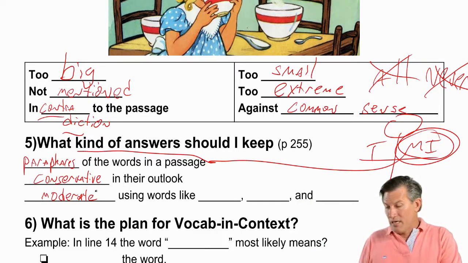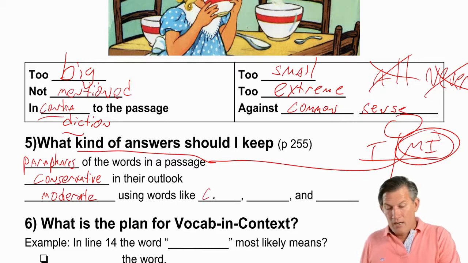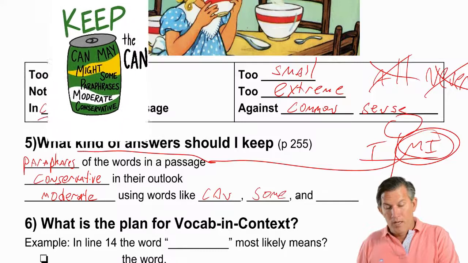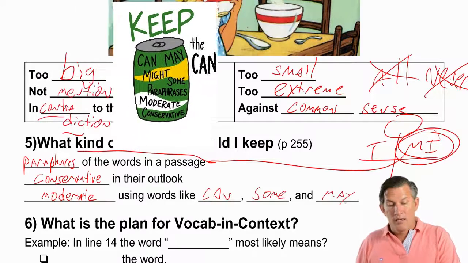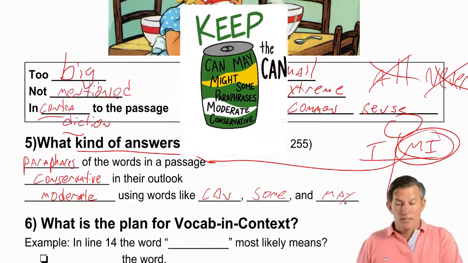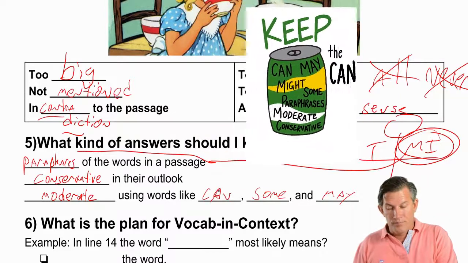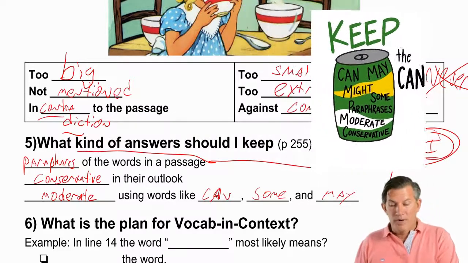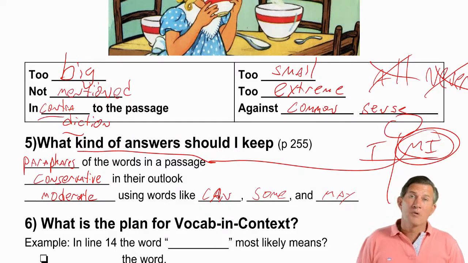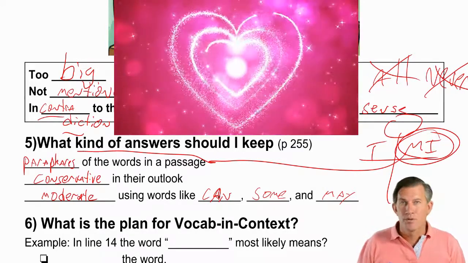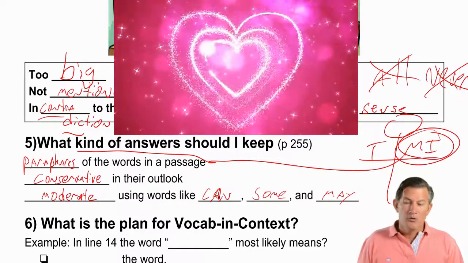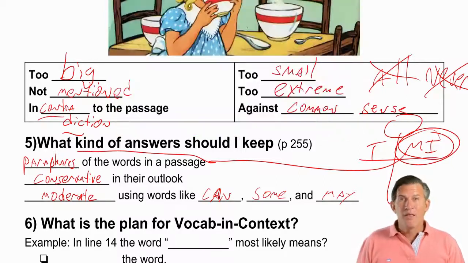They might use words like can, some, and may. Now consider our example. Ready? Some people like pink. Well, of course that's true. Some people do. You may like pink. You may think that Goldilocks is not an idiot, but I do.